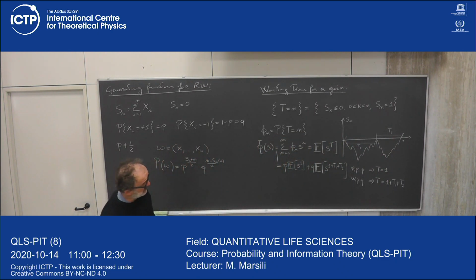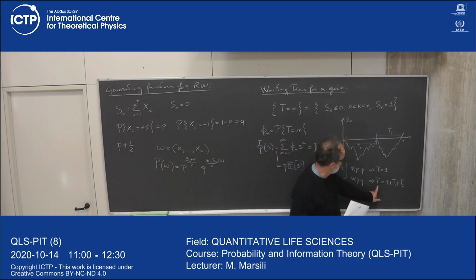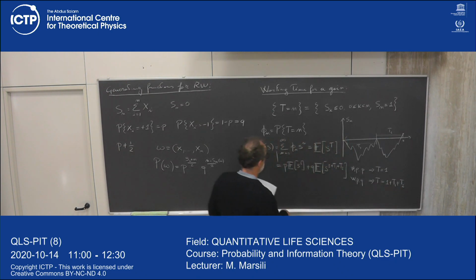So summarizing, we have said that T1 and T2 have the same distribution as T, so they have the same generating function, and T1 and T2 are independent. This allows me to simplify this and say: this is P times the expected value of s, which is just a constant, so this is just P times s. And then we have Q times s to the 1, which is just s.